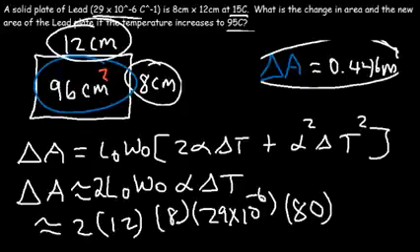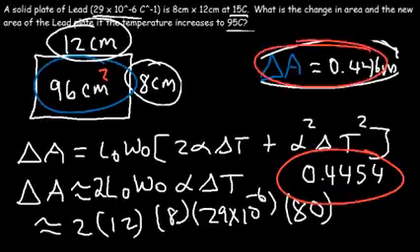So 2 times 12 times 8 times 29 times 10 to the minus 6 times 80 is about 0.4454. As you can see, this answer is very close to this one. Now keep in mind, I rounded this answer. So they're very close. So that's how you can approximate delta A.